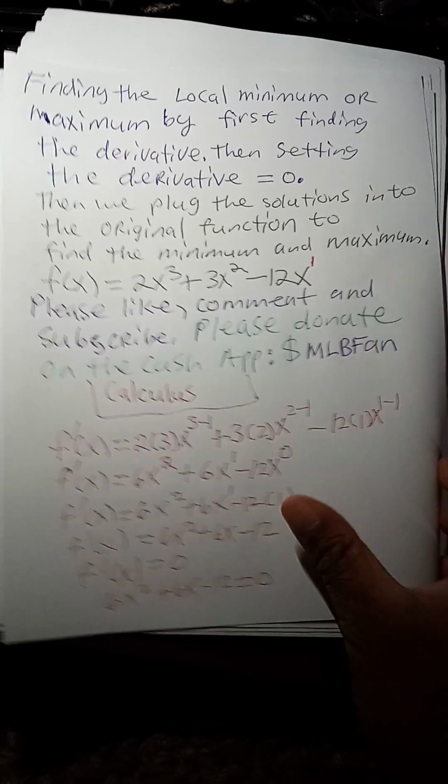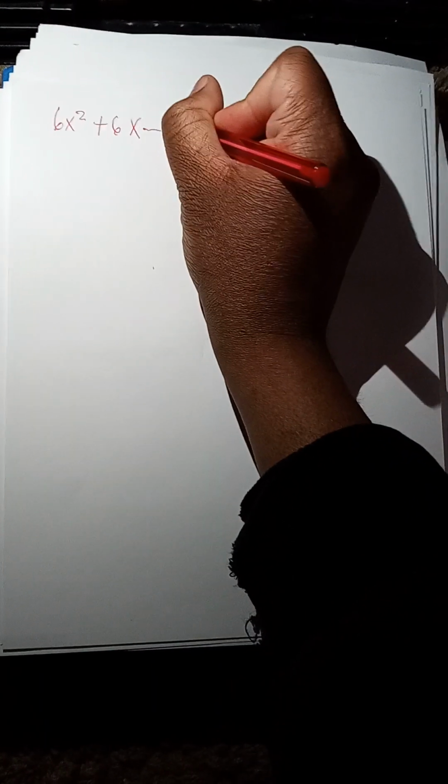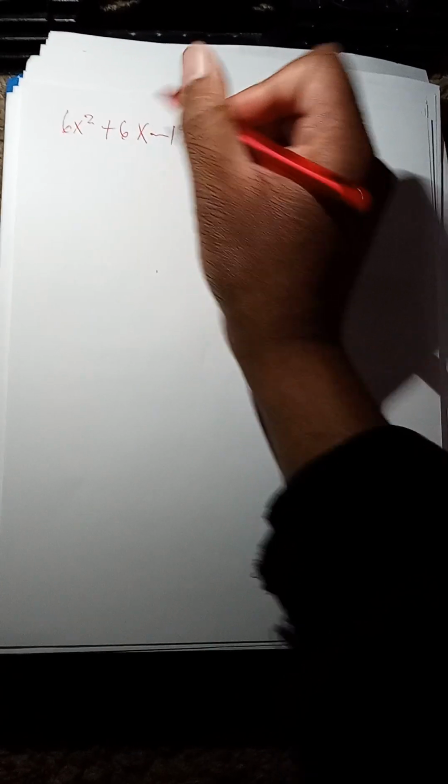And then we're going to move to the next page. So 6x squared plus 6x minus 12 is equal to 0.